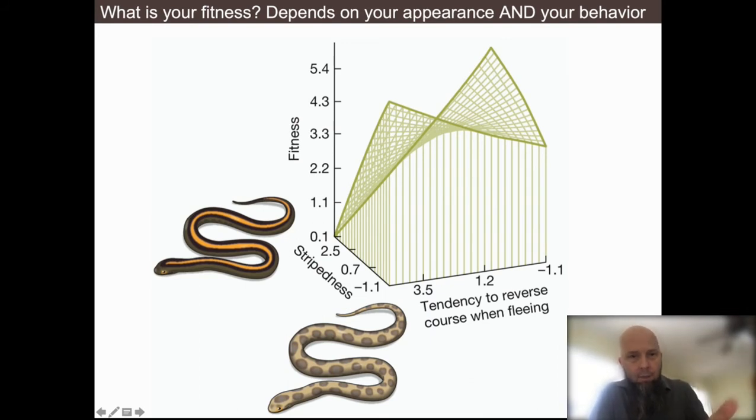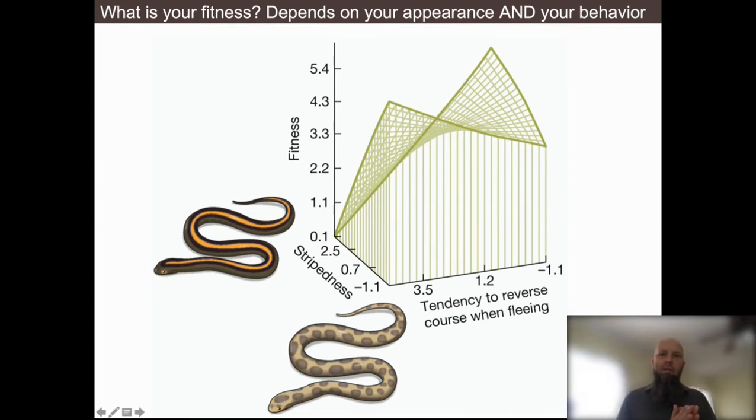And the axis that comes right off of that is stripedness. How striped are they? Further to the back, towards point 1, they're pretty striped, like that orange striped snake on the top left there. As you come closer to you, if stripedness gets down to -1.1, that is a very unstriped individual, okay? It's a very spotted individual.